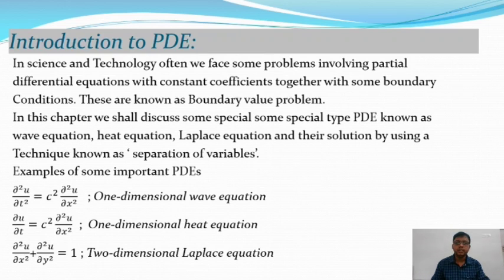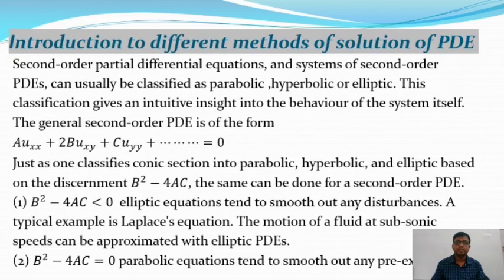So these three equations are the wave equation, heat equation, and the Laplace equation, and we can solve them by the method of separation of variables. After that, we will introduce different methods of solution of partial differential equations.